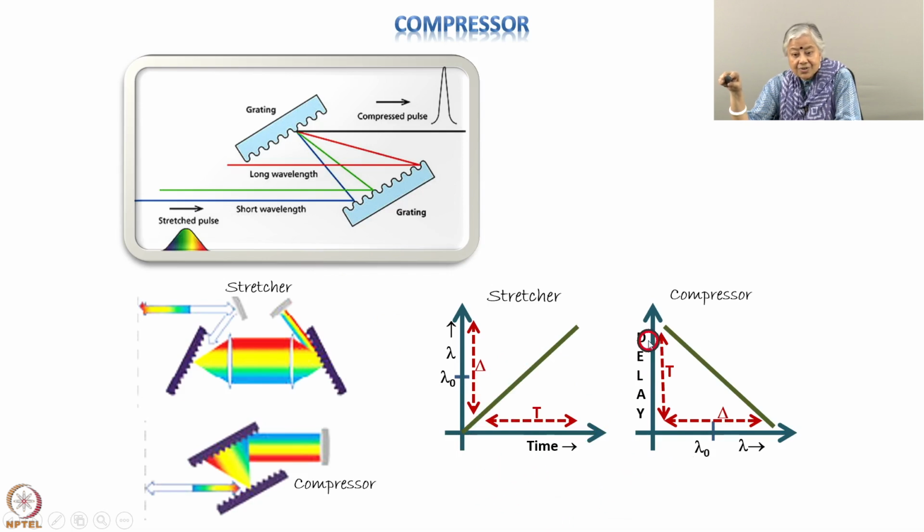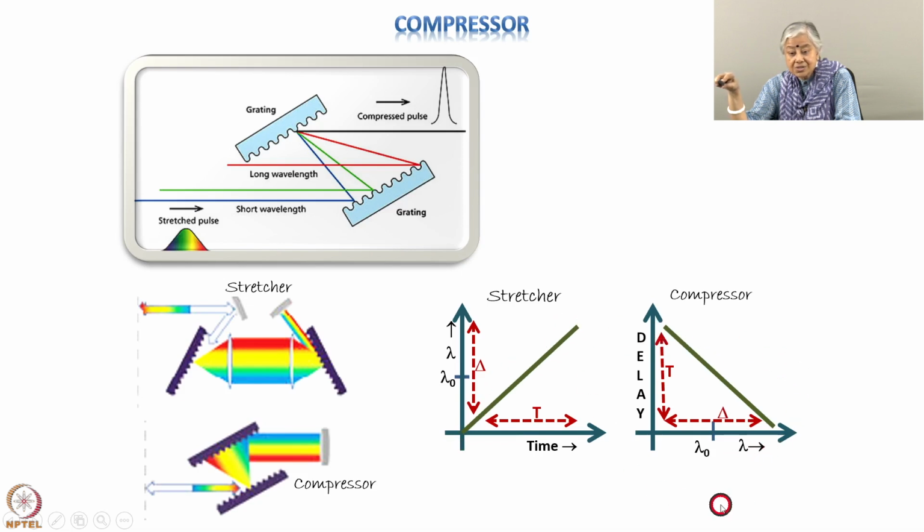So, I give it a delay of this. Whichever wavelengths were here, I give those the maximum delay, and somewhere here I give it the shortest delay for this time. So, I have just reversed it. Instead of it going this way linearly, it is going this way.